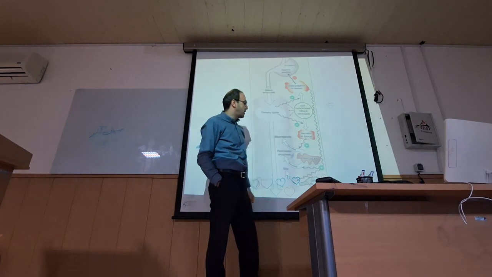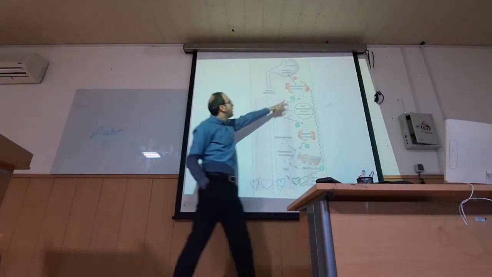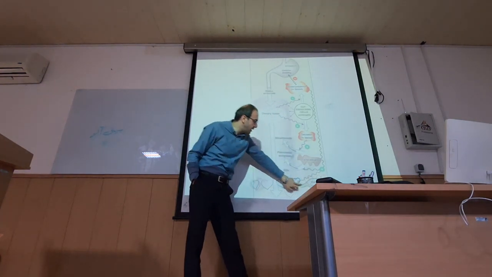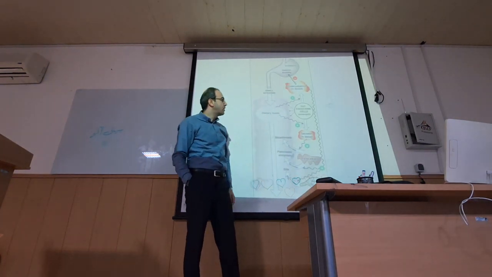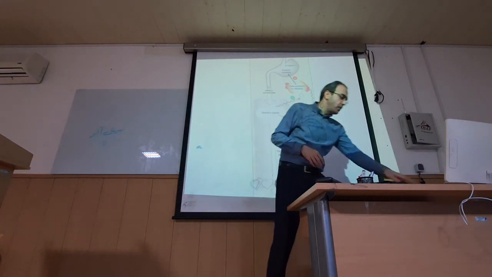Secretin also has an effect on the pancreas to release bicarbonate. The other function of cholecystokinin is its effect on the gallbladder to secrete bile. So they are so important for digestion of lipids.